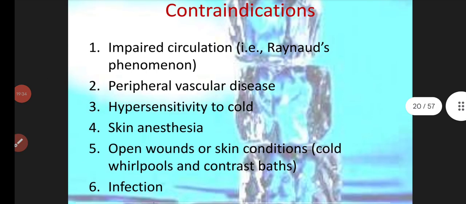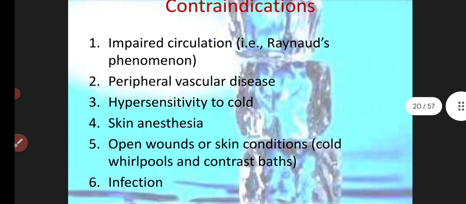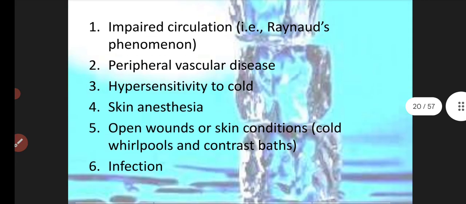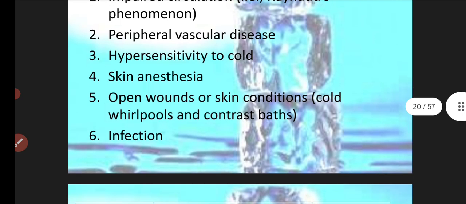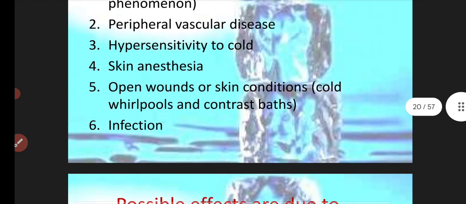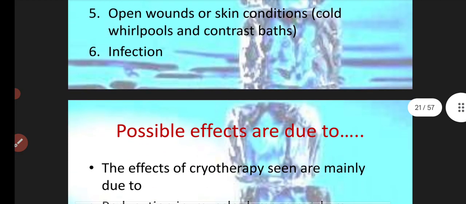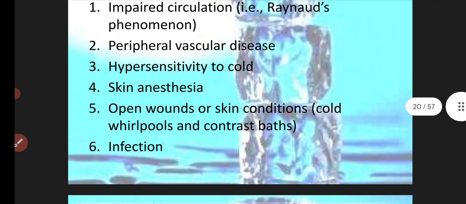Other contraindications are impaired circulation, such as in Raynaud's disease or Raynaud's phenomenon, and peripheral vascular disease such as DVT, hypersensitivity to cold, skin anesthesia, open wound or skin conditions, cold pressor or contrast bath, and infection. Cold urticaria is another condition which is contraindicated.